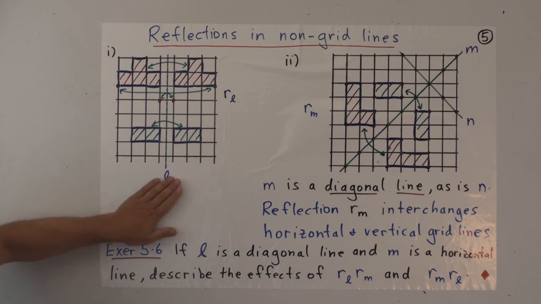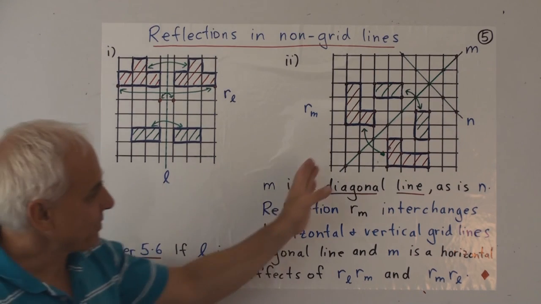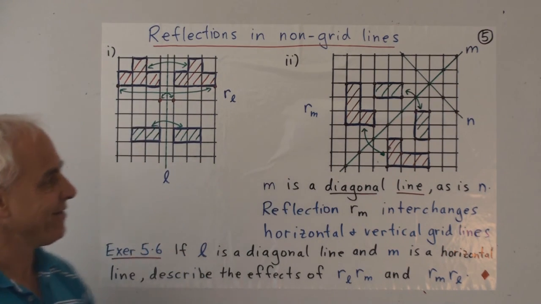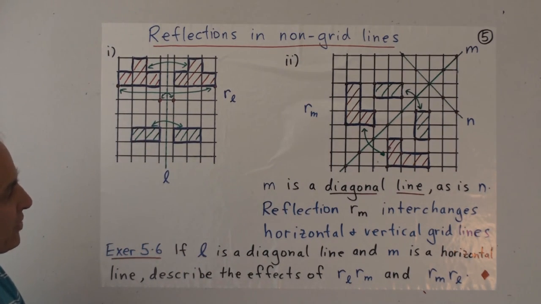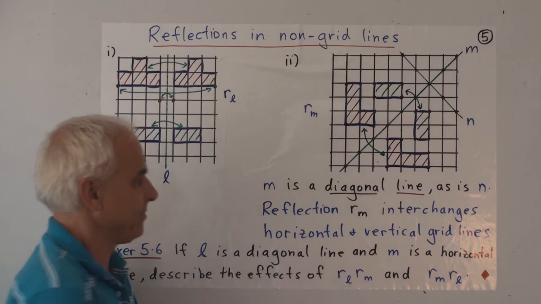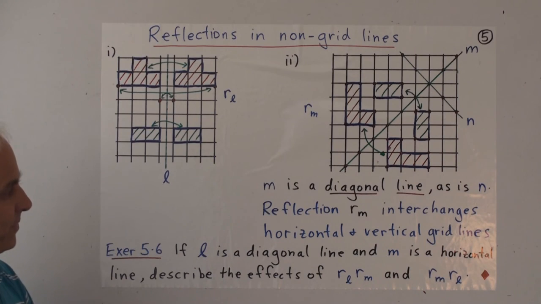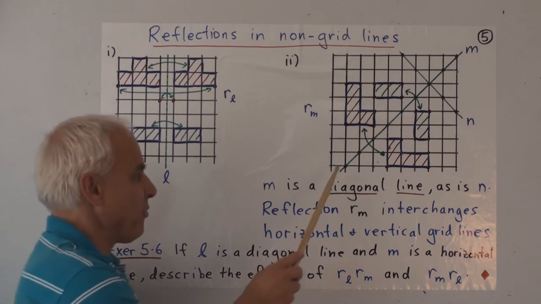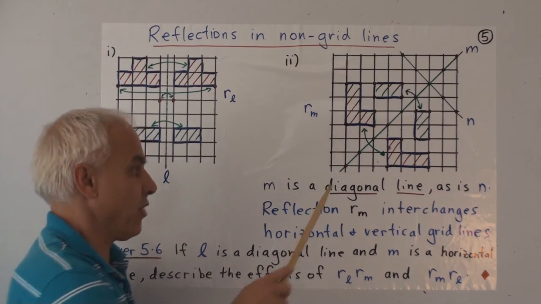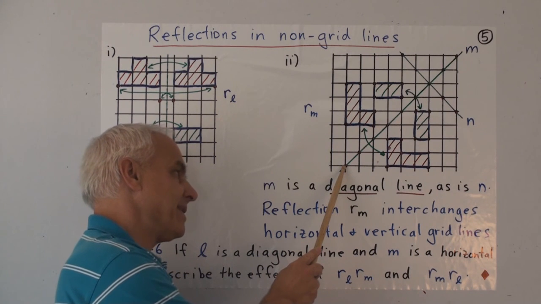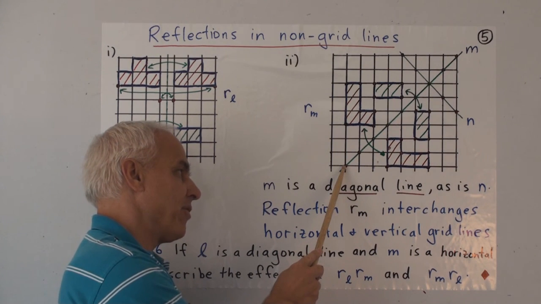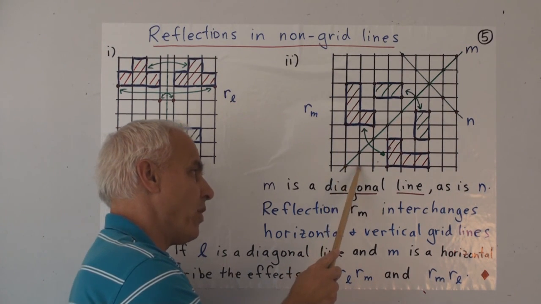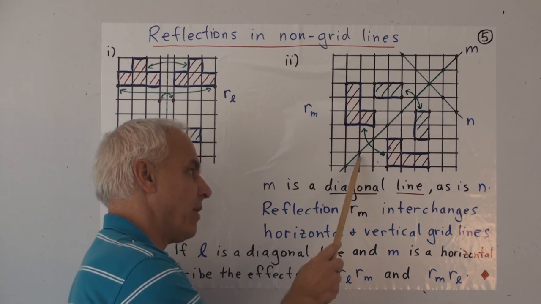So once you have that idea under your belt, now we're going to consider a little bit more subtle kind of reflection, where we're going to introduce a different kind of line, a diagonal line. So what does that mean? Well, we'll start with any point on the grid plane, any grid point. And let's consider another grid point, which is 1 over to the right and 1 up.